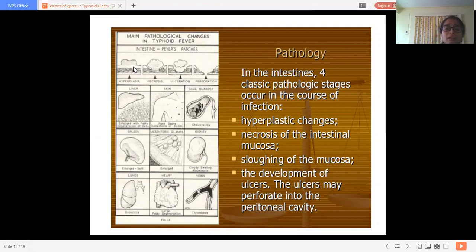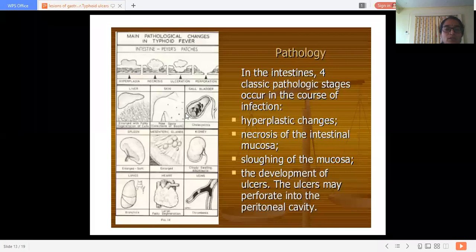Below the villi, the Peyer's patches are present. Inflammation occurs there first, and then proceeds up to the mucosa of the intestinal wall. So there is hyperplasia, then necrosis, then ulceration, which develops as crater-like lesions, and perforation. The base of the ulcer gets detached, and there will be perforation.